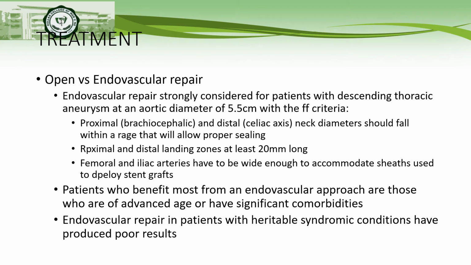The proximal, that means the brachiocephalic, and the distal or the celiac axis, so this is for the ascending. Neck diameters should fall within a range that will allow sealing. The proximal and distal landing zones are at least 20 millimeters long, and the femoral and iliac arteries have to be wide enough to accommodate sheaths used to deploy stent grafts.